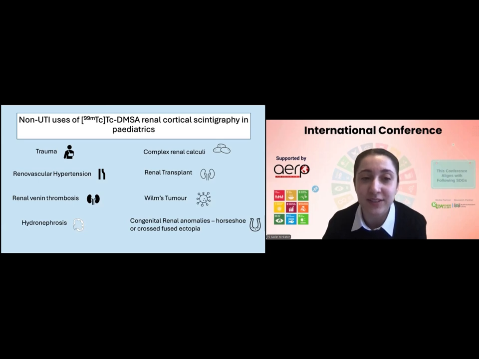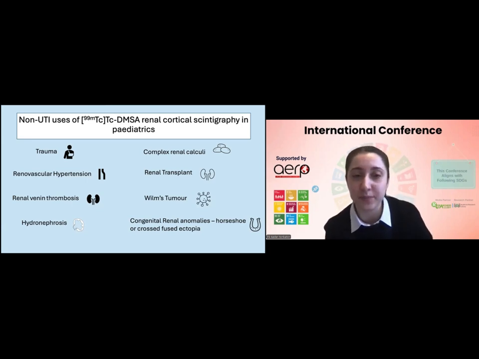It can help us assess function in individuals who have hydronephrosis, complex renal calculi, individuals who've had a renal transplant, Wilms tumor, and certain congenital renal anomalies such as horseshoe kidney or cross-fused ectopia. I'll be giving some cases of these different indications in the next few slides.